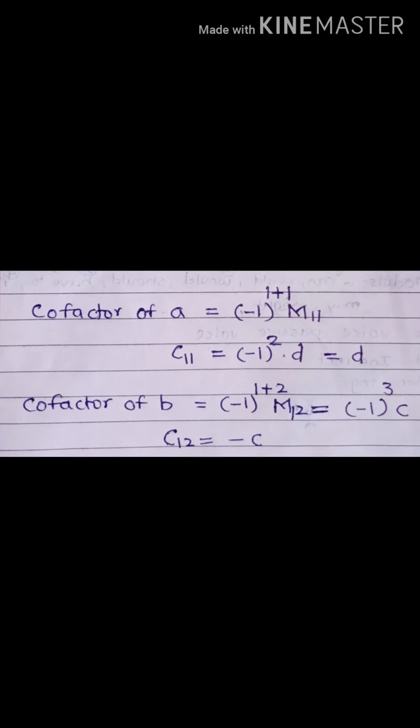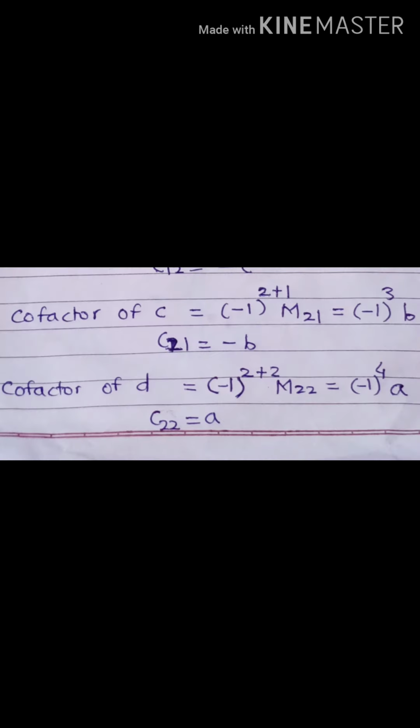Here the cofactor of B is equal to minus 1 raised to 1 plus 2 into M12, which is minus 1 raised to 3 into C. As we have seen, C12, first row second column, is minus 1 raised to 3 which means minus, so the answer is minus C. Now consider the second row and first column, that is 21.